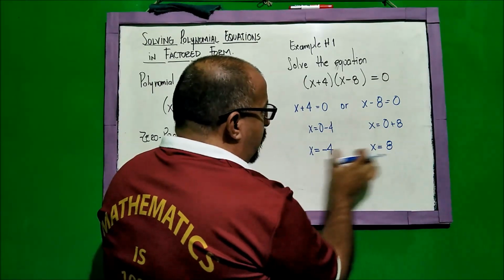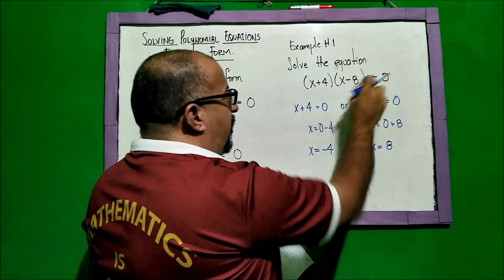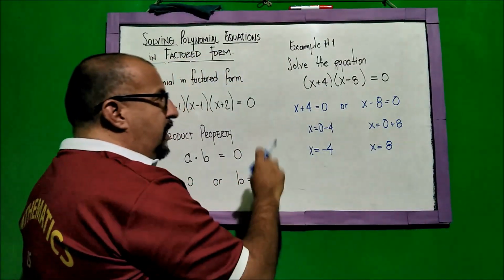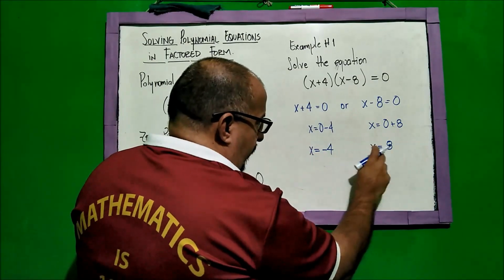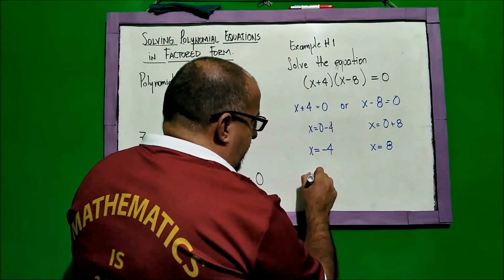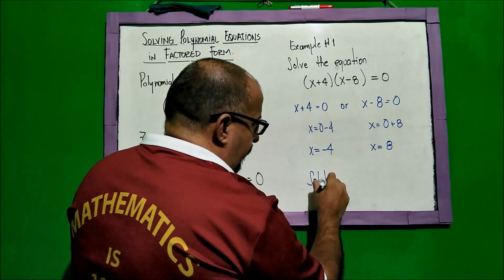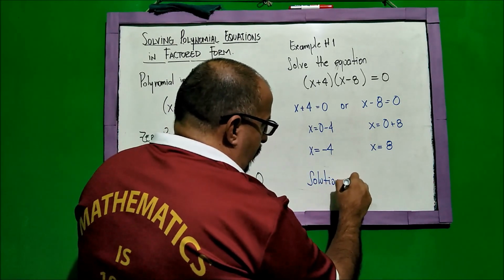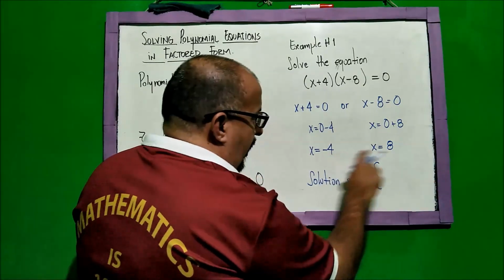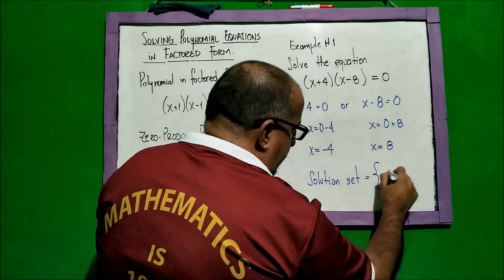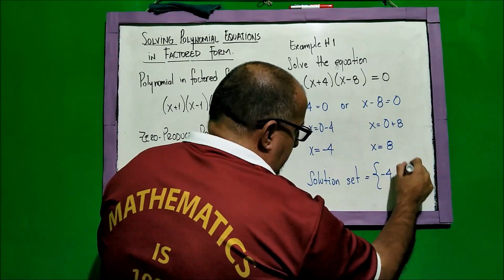Now, when you bring these two elements in here and check the procedure, you will see that the equation is equal to 0, and therefore, since we have more than one answer, what we write is a solution set. A solution set that is going to be the two answers that we have in here, negative 4 and positive 8.